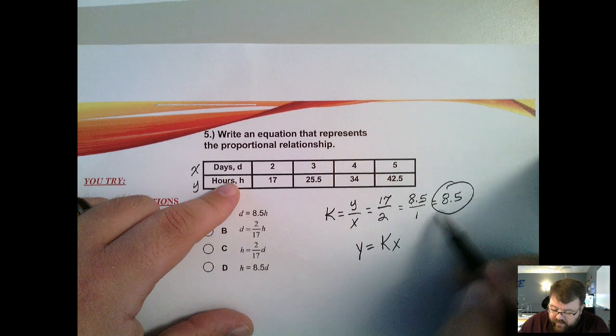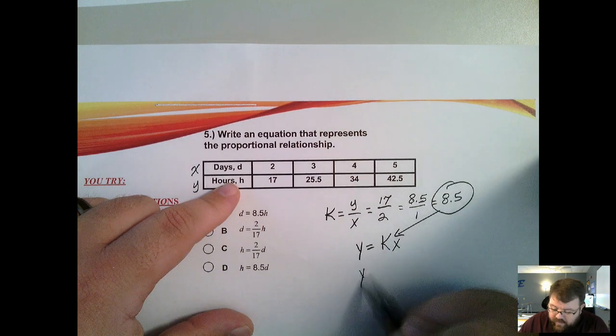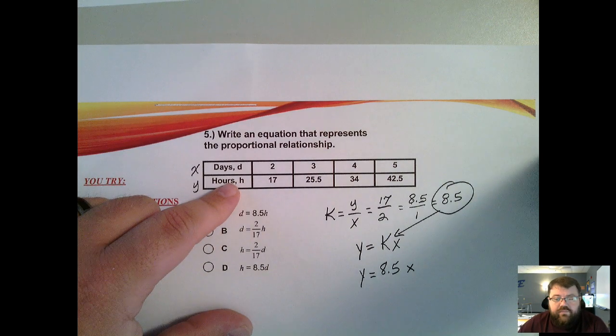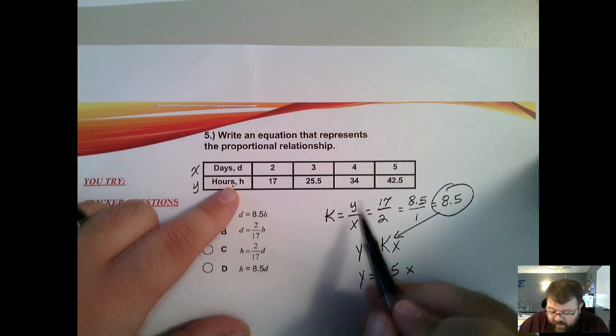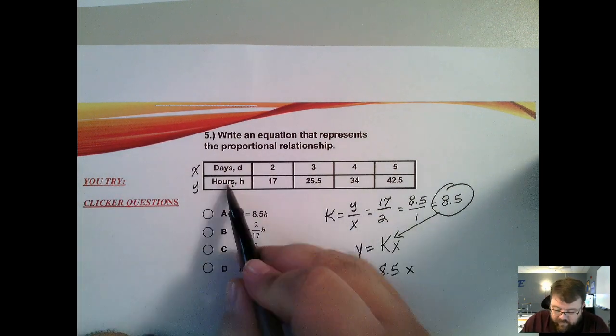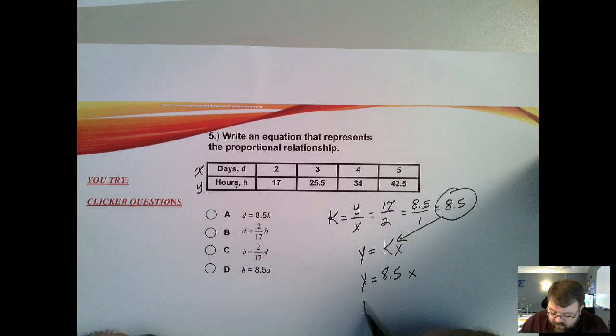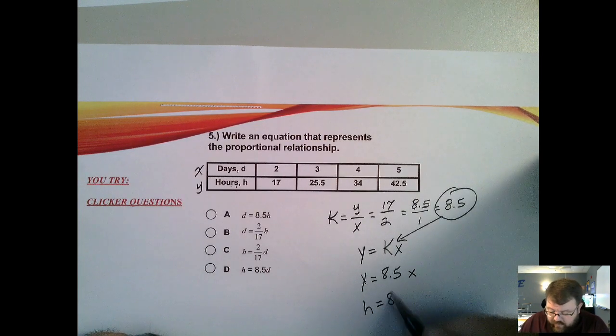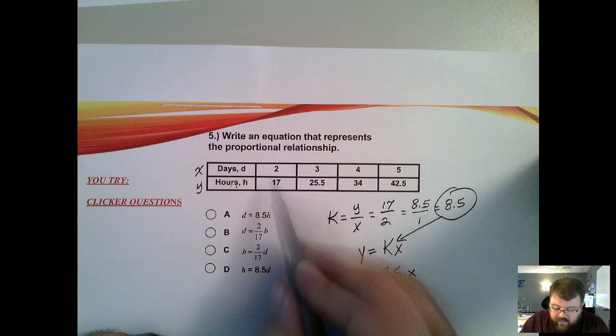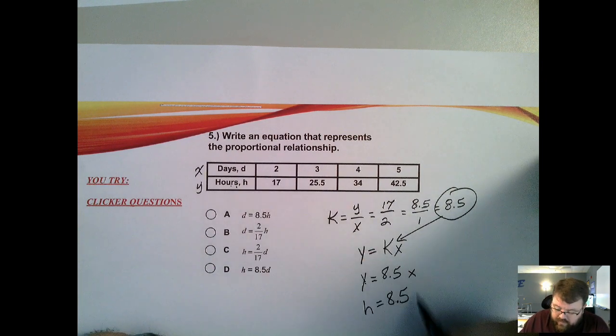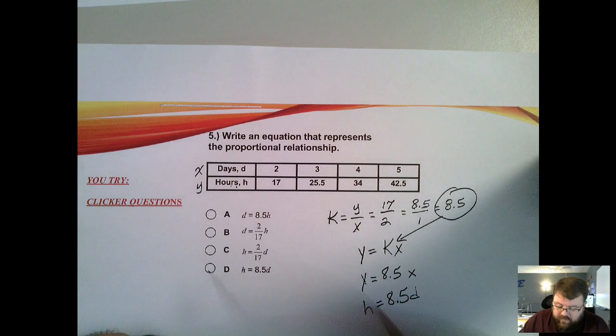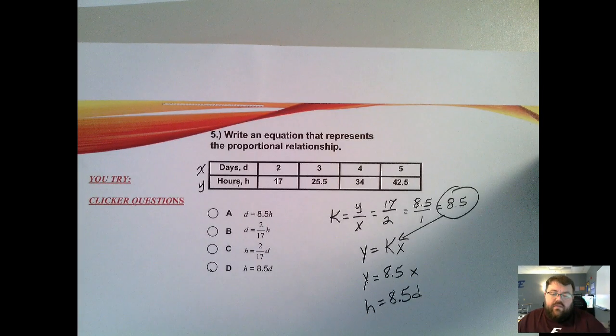The value of k is 8 1/2, so y equals 8 5/10 x. Y is hours, so hours is equal to 8 1/2. X is days, which is D, so the correct answer is D.